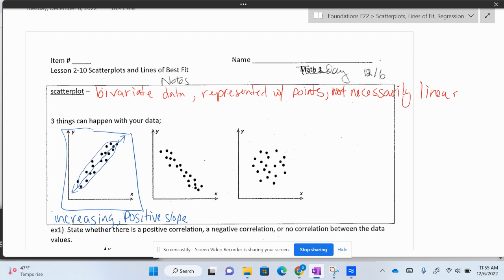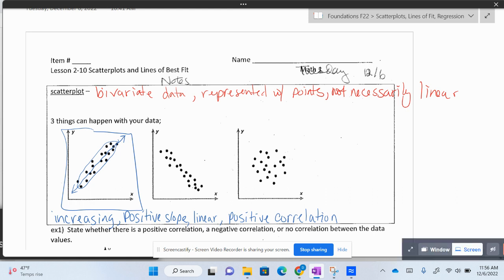So this is increasing. It has positive slope. It's linear. And we call that positive correlation. Meaning if I kept it as shoe size and height, your height and your shoe size have a positive correlation. Your height helps determine the size of your shoe, okay?